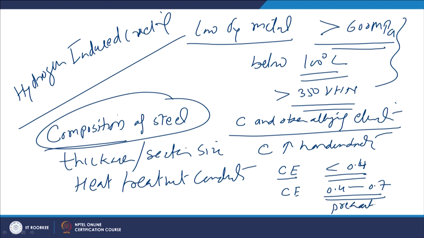Preheating is needed at different levels. If the carbon equivalent is greater than 0.7, the weldability is considered to be poor, and that requires extreme care to facilitate the welding.